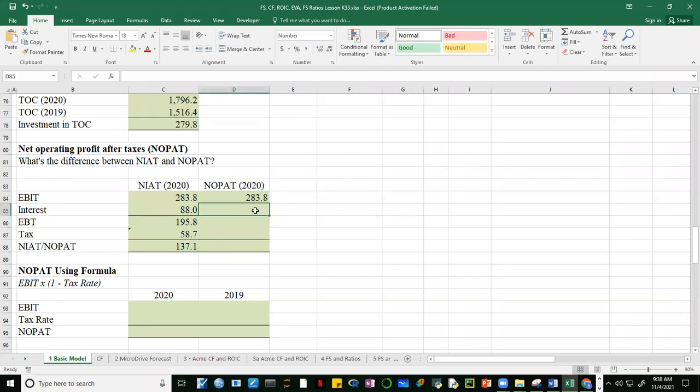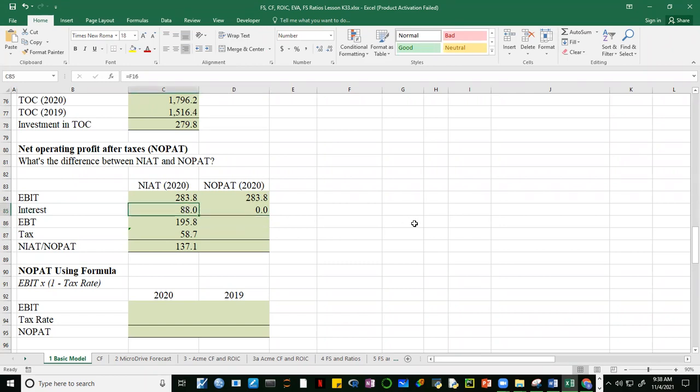And then for NOPAT, operating profit after tax, we do not charge interest to arrive at the NOPAT. Why? Because interest expense is a function of finance. So it would be unfair, guys, to charge operations with a cost they have no control over.